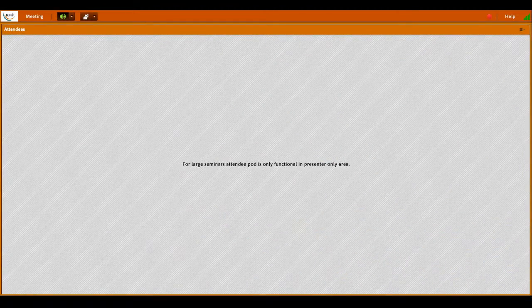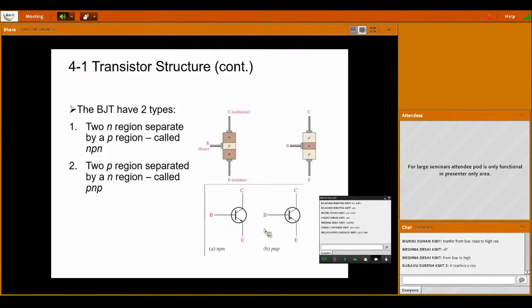Now the arrow direction here indicates the original current flow, the direction of the flow of current through the transistor, which is denoted by the arrow mark.